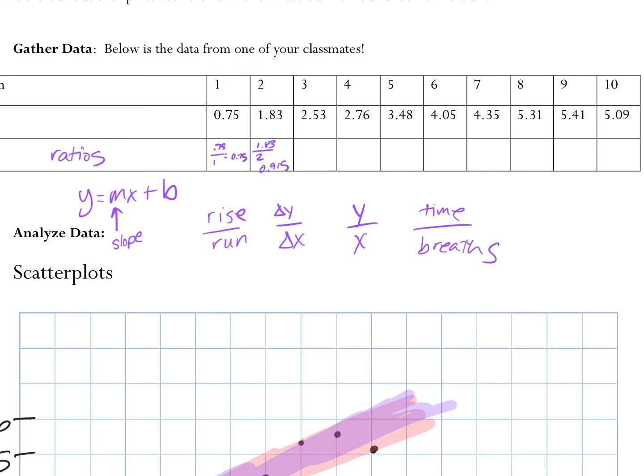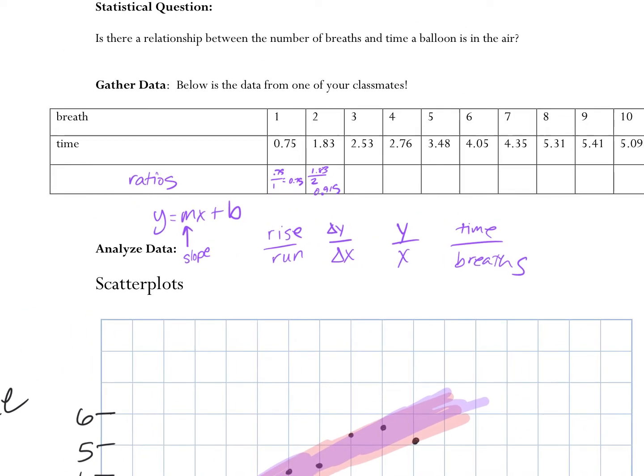Now, before you guys start working ahead, I'd like to show you something if that's cool. Okay. So, to do this next part, you're going to need to take out your calculators. And what I'd like you to do is put all those breaths in L1 and all the times in L2. Is everybody good? Take a second.